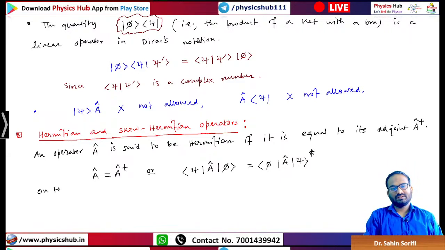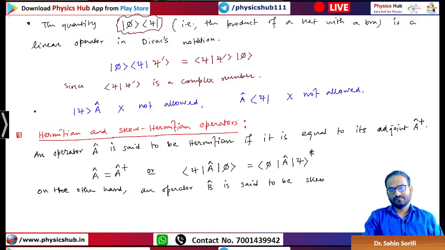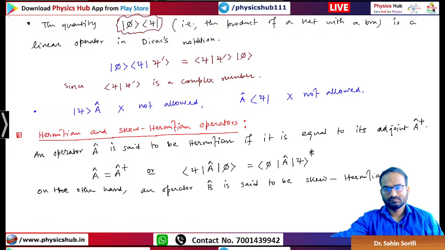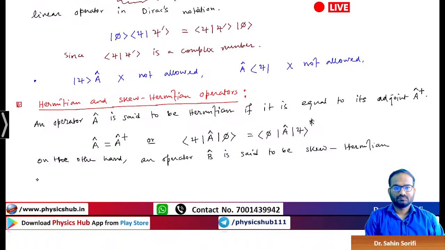On the other hand, an operator B is said to be skew-Hermitian or anti-Hermitian under what condition?